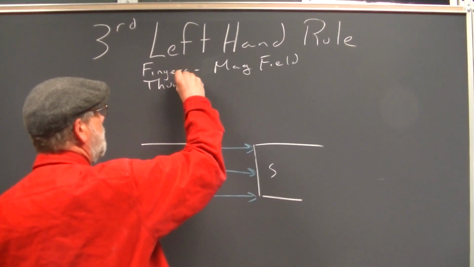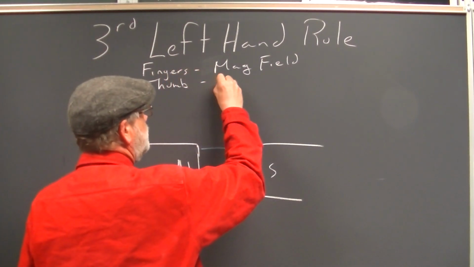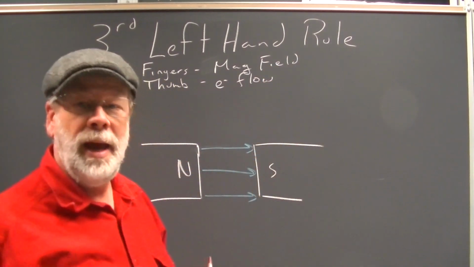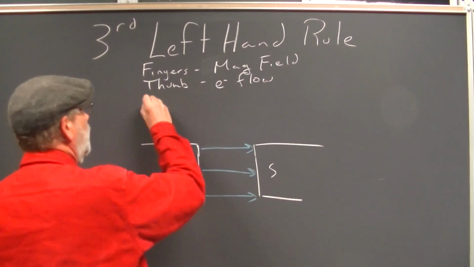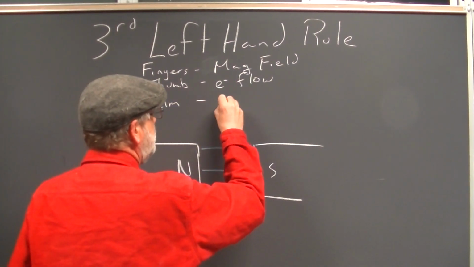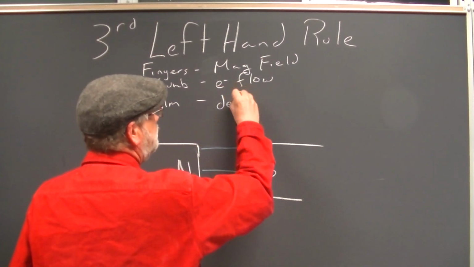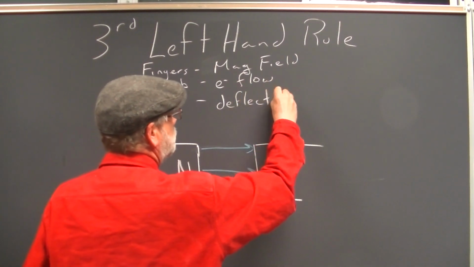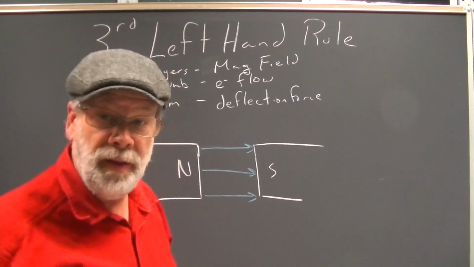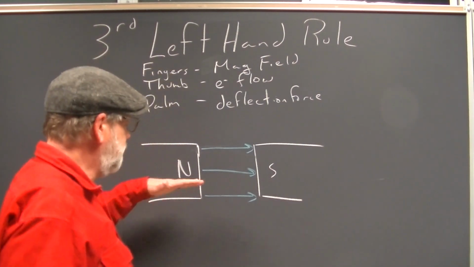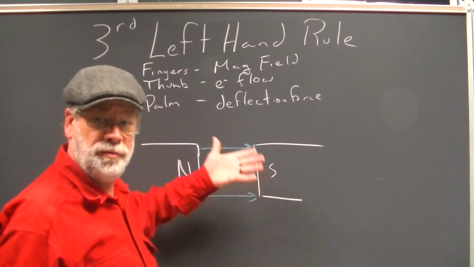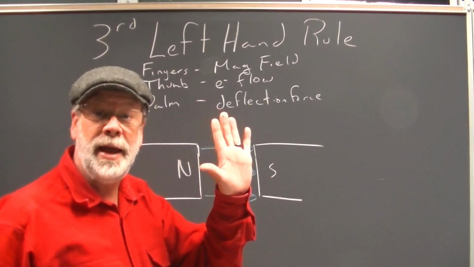Thumb points in direction of electron flow. And now, the palm of your hand is in the direction of deflection force, or the force on that electron. So let's consider. If we have the magnetic field going this way, so my fingers, check, left hand, that's good.